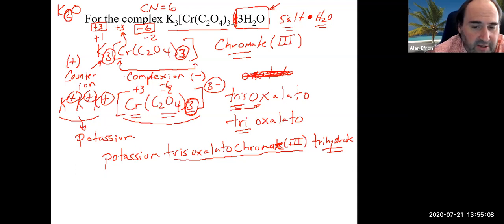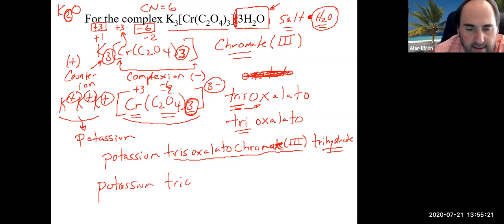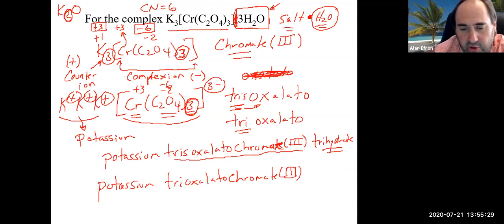Again, the trihydrate here is for the 3 waters part of the hydrate. Also acceptable in this particular case, because it is oxalato, you could do potassium trioxalato chromate 3 trihydrate.